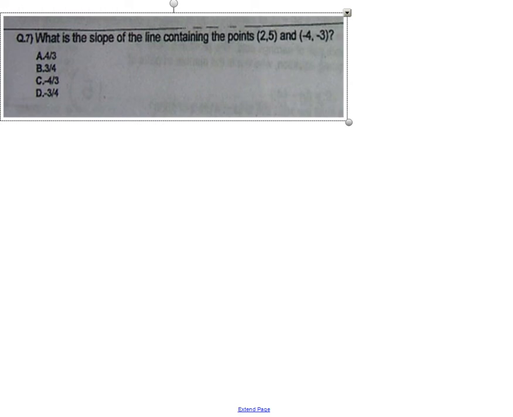Alright, back up here. Slope of the line containing the points (2, 5) and (negative 4, negative 3). This should have probably came before the last one. If you can do point slope, you can probably find just slope. So we just label them x1, y1, x2, y2. And we just use our slope formula, which is always change in y over change in x.